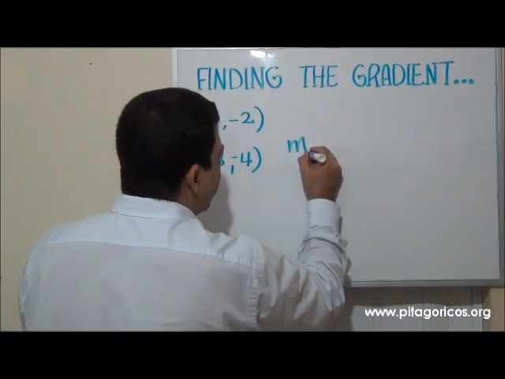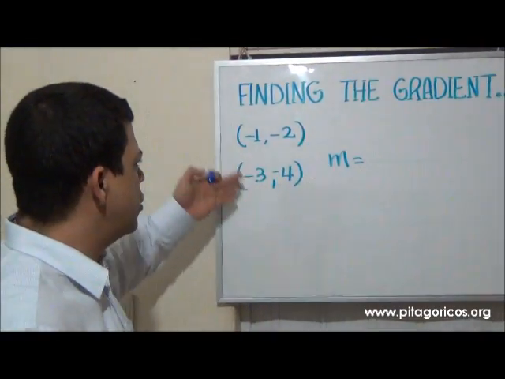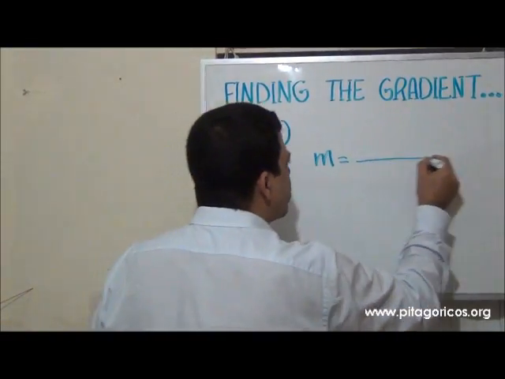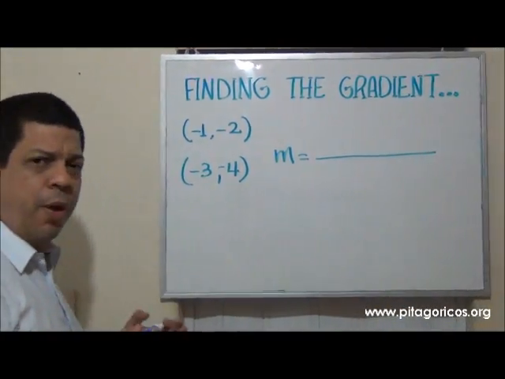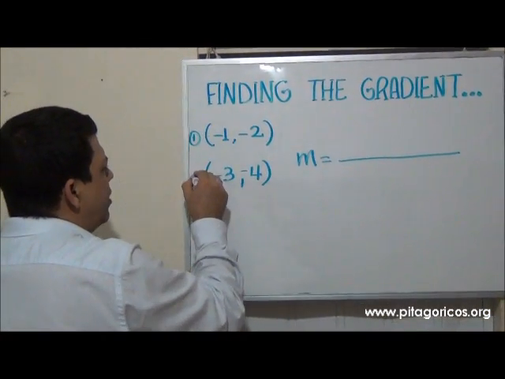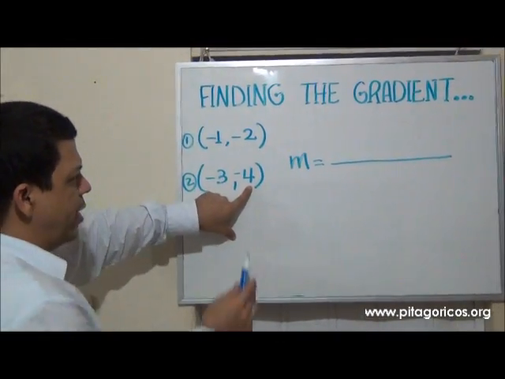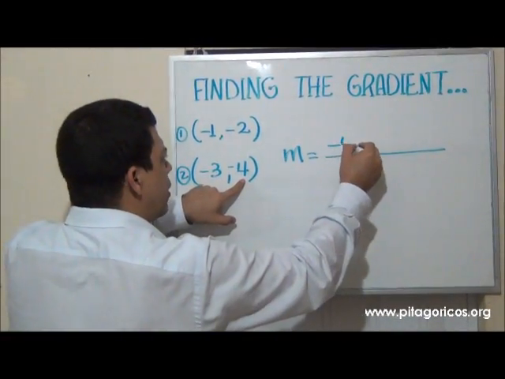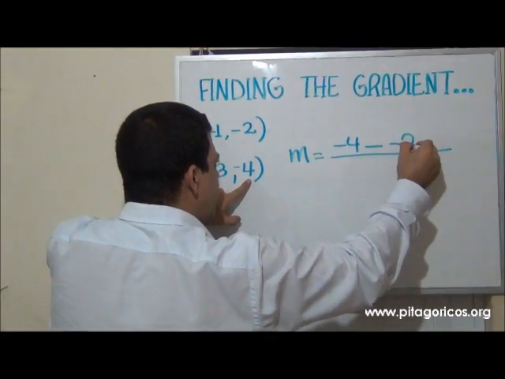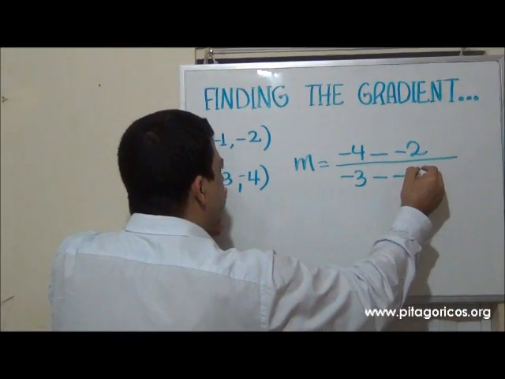If I want to find the gradient of a line passing through these 2 points, which one are we going to take as number 1, number 2? Any. For example, this is number 1 and this is number 2. So, remember, y first, that is minus 4 minus 2, and then minus 3 minus 1.